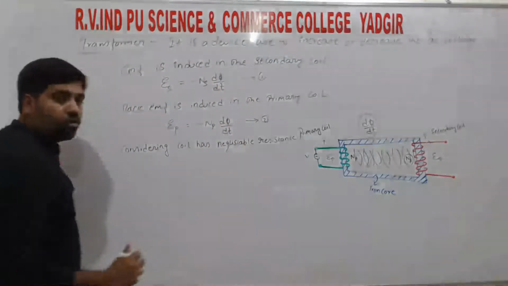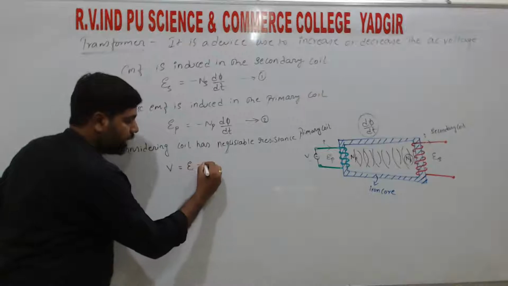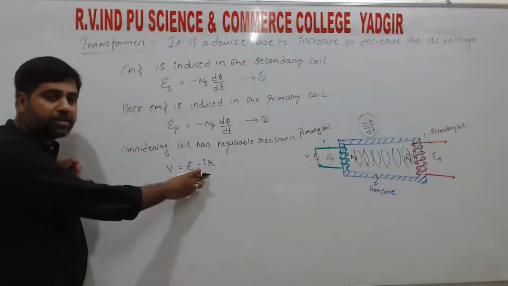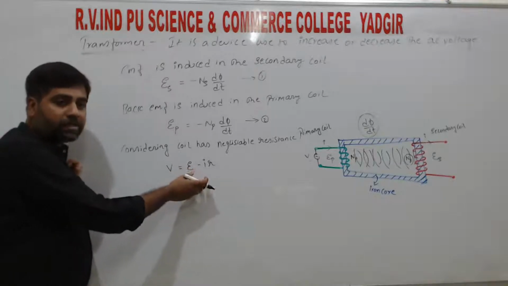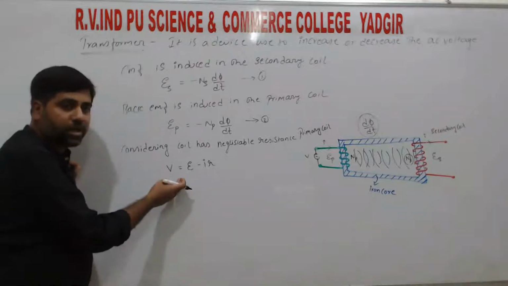Again we know the relation V is equal to E minus I into R. This is from current electricity, that is the EMF of a cell, the EMF produced in a cell. So here also we get the same relation, right?